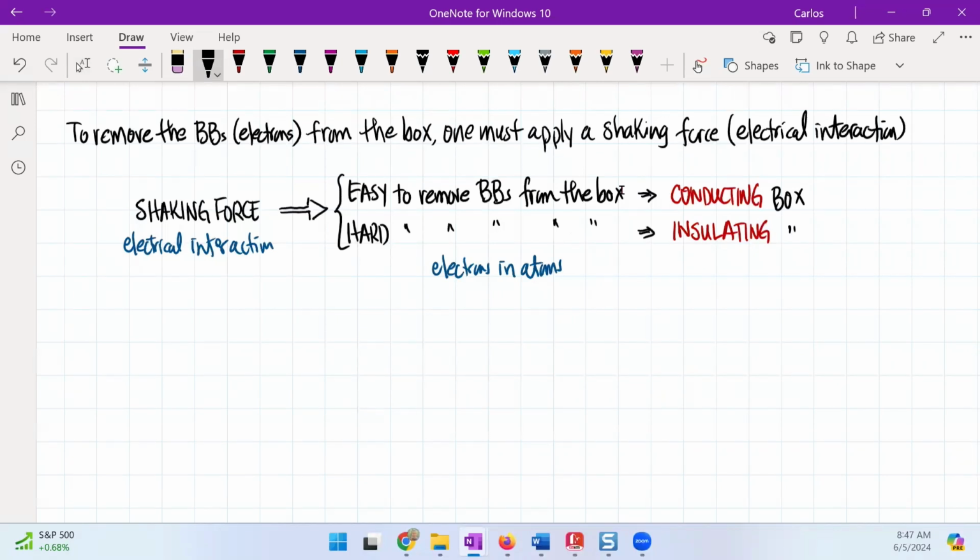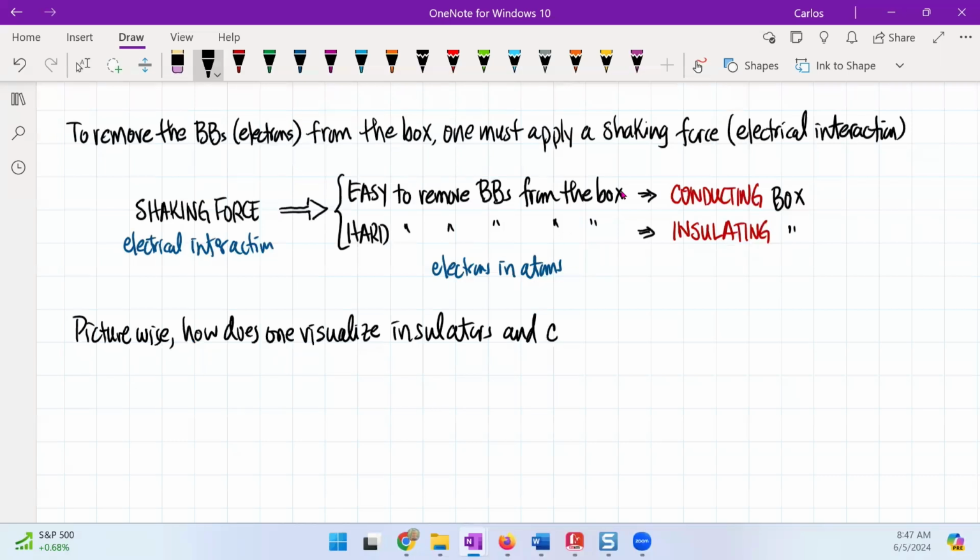So picture-wise, how does one visualize insulators and conductors?